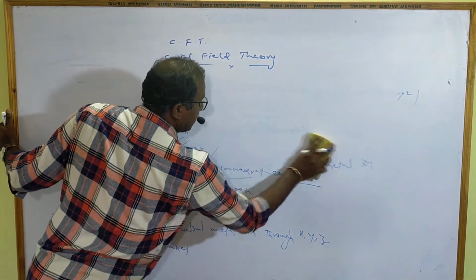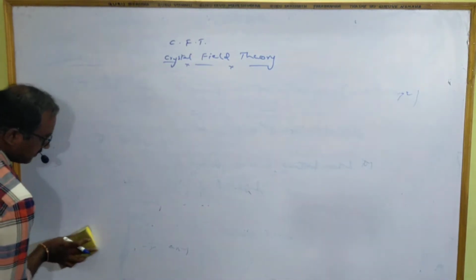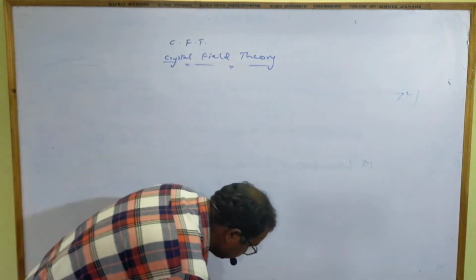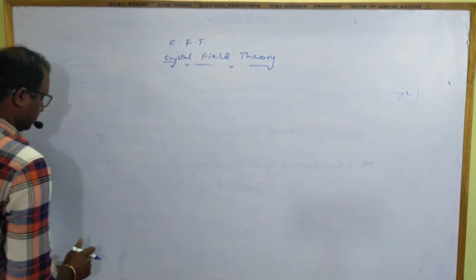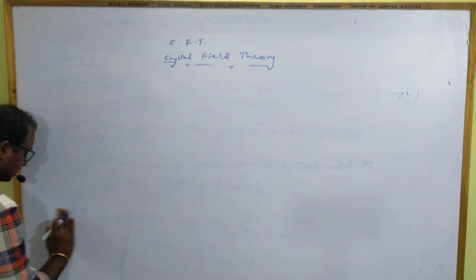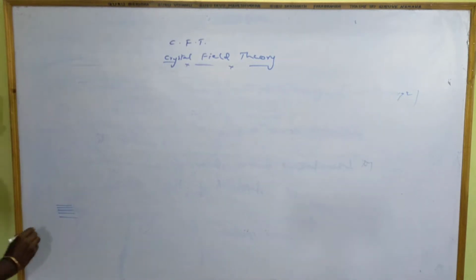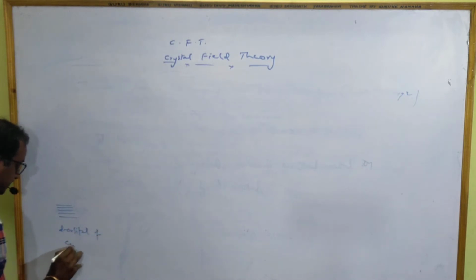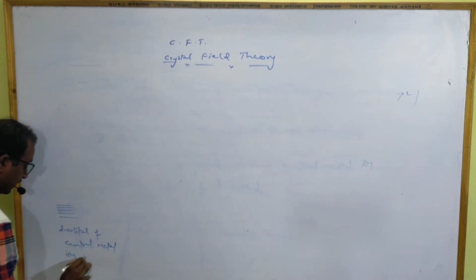Let me show the diagram of splitting of d orbitals in octahedral complexes. First, let me draw the 5 d orbitals. Let us write them small: 1, 2, 3, 4, 5. These are the d orbitals of the central metal ion in the free state.